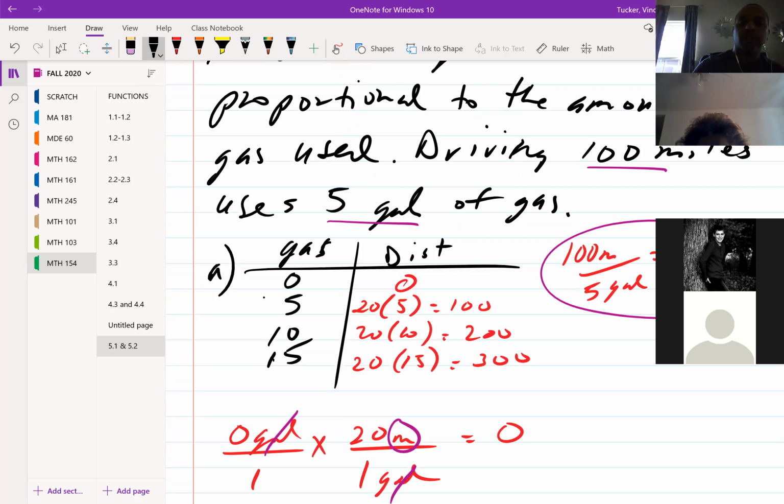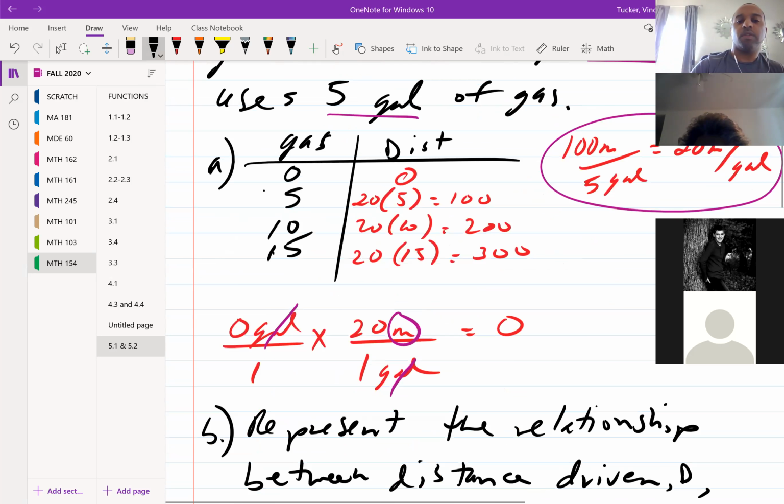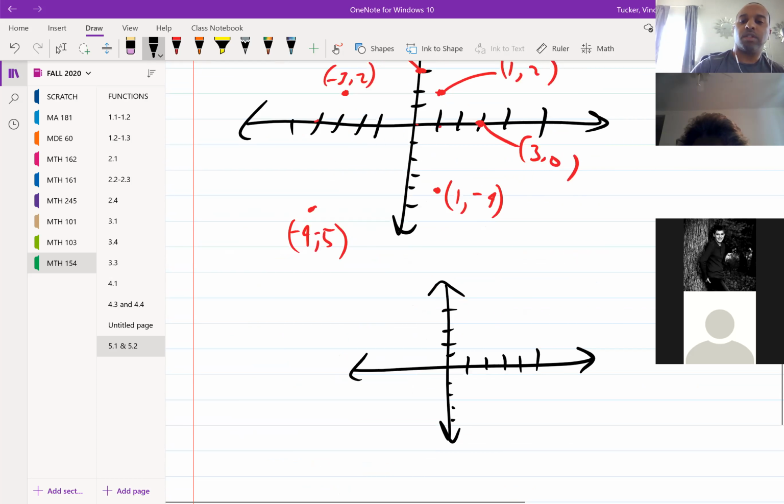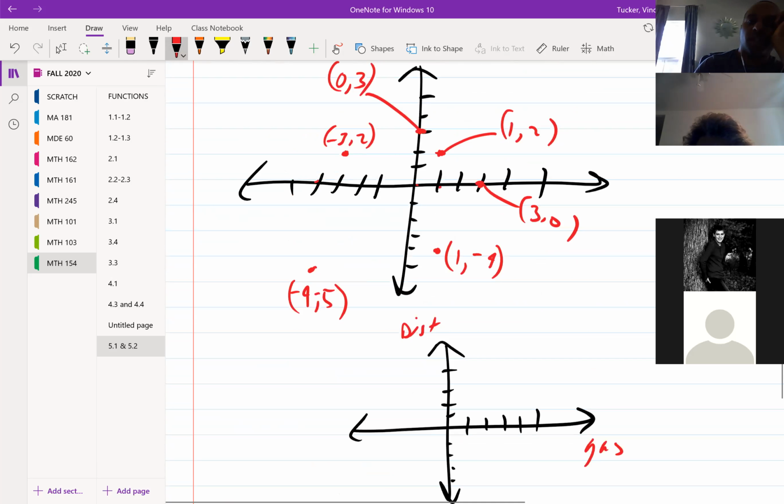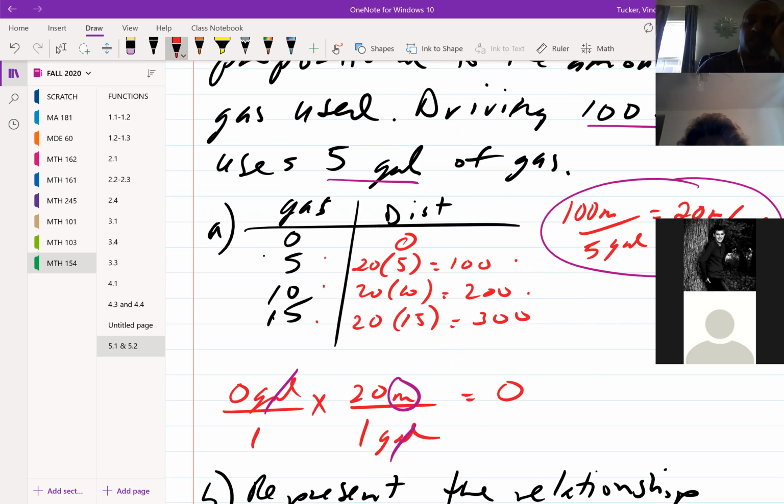Yep. So down at the bottom, I would call this my gas, and call my y-axis my distance. I would do my gas in increments of 5, and my distance in increments of 100.